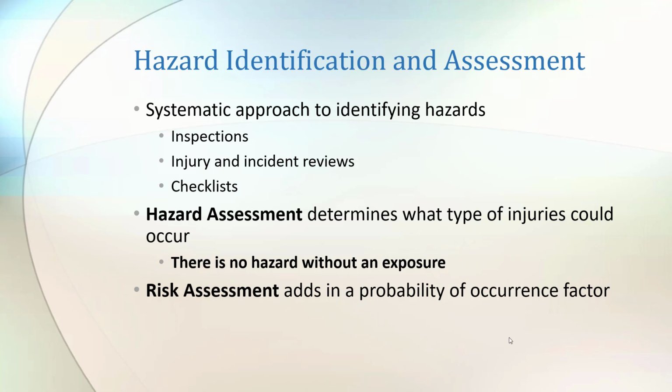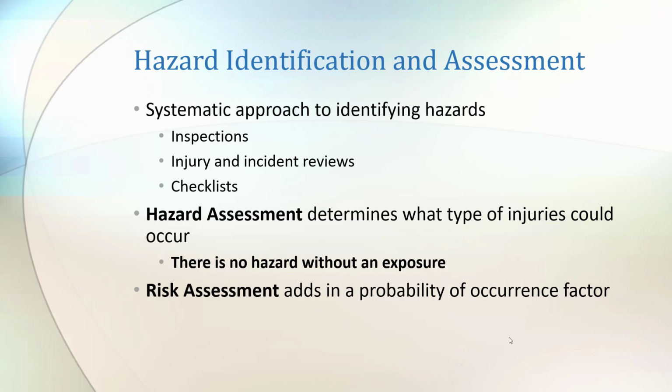So hazard identification assessment is a systematic approach to identifying hazards. It's through inspections, it's through checklists, it's through injury and incident reviews. If a worker is injured, part of investigating that injury is to understand why and how he got injured. When doing this, you go in with an impartial thought.